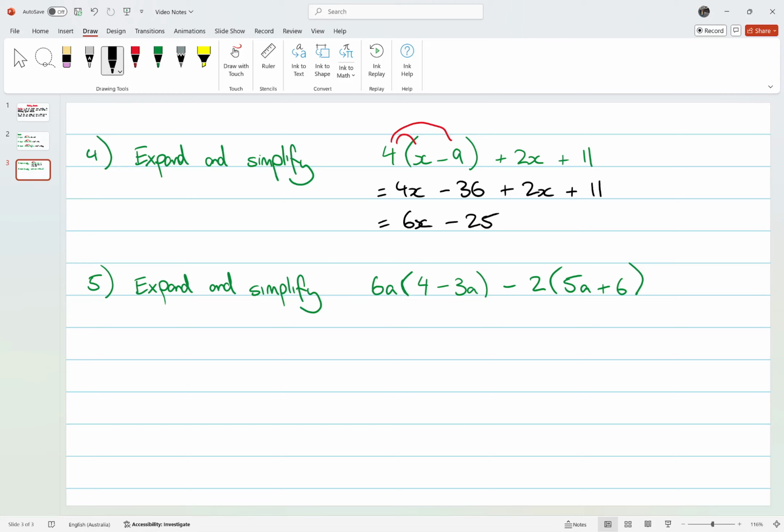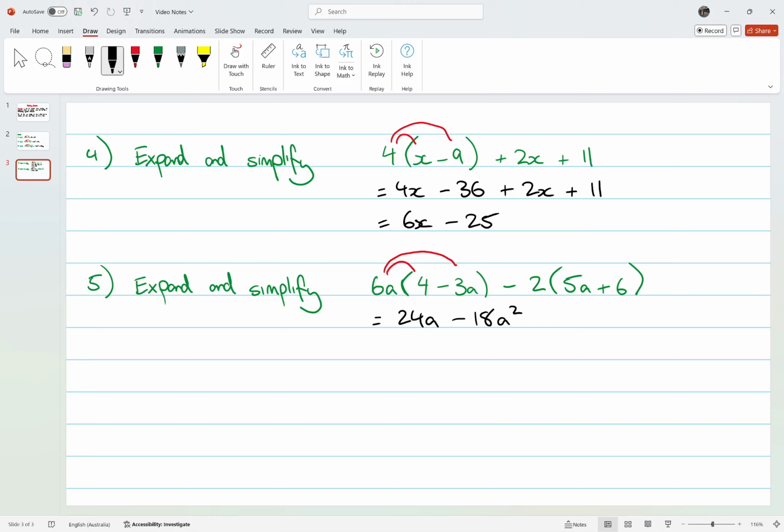All right. And then going into the second one, we see our expression has 2 sets of brackets. The first step we want to do is expand both of those sets of brackets before we look to simplify. So 6a times 4 is 24a. 6a times negative 3, well, 6 times negative 3 is negative 18, and we have 2 a's, so we have a squared.